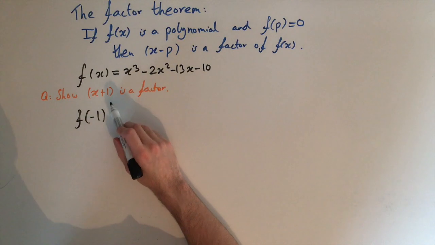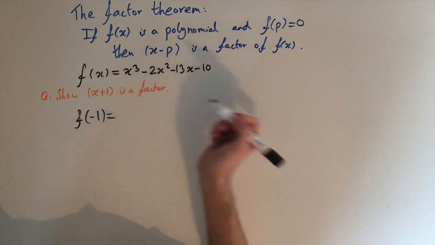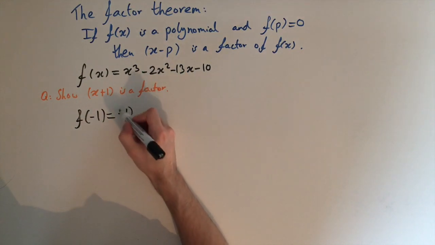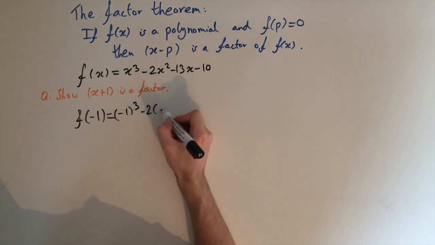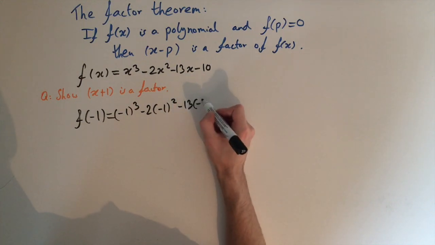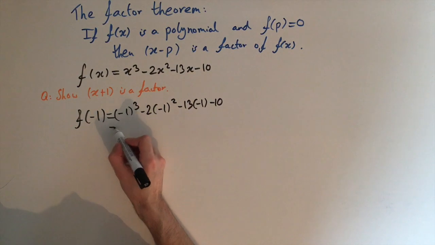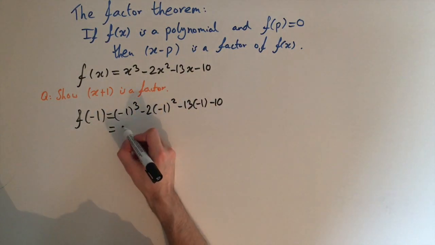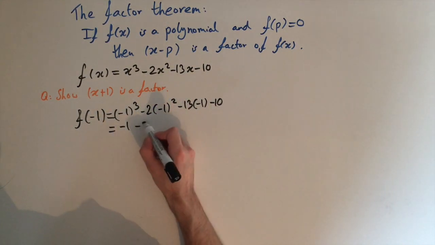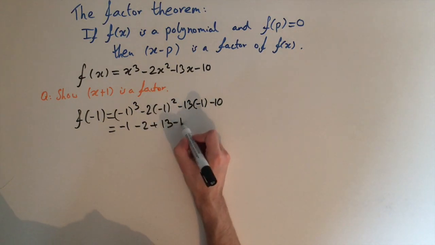So let's plug in minus 1: minus 1 cubed minus 2 times minus 1 squared, minus 13 times minus 1, minus 10. You can use a calculator, or you can simplify by hand. Let's do it by hand. We have minus 1, then minus 2, then plus 13, minus 10.